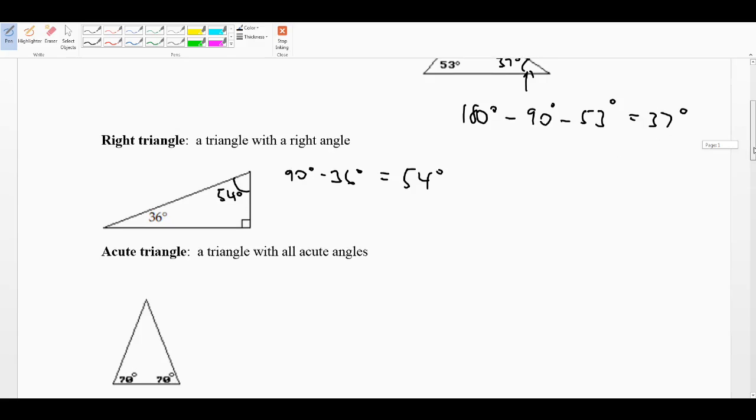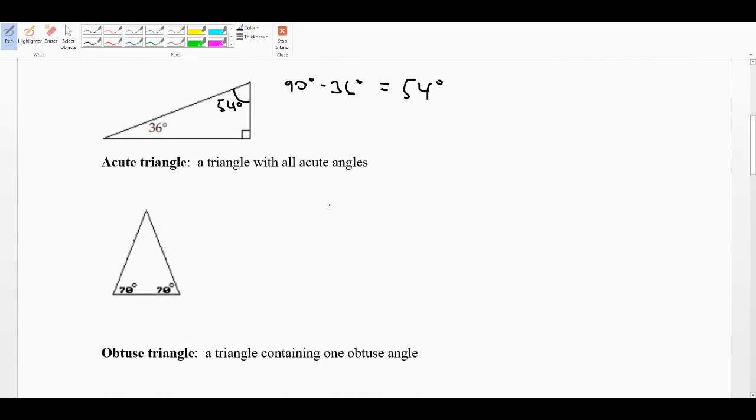Now, an acute triangle is a triangle with all acute angles. What acute means, it's an angle that's less than 90 degrees. So an acute triangle is a triangle whose angles are all less than 90 degrees. So for example, we have 70 plus 70, which is 140.